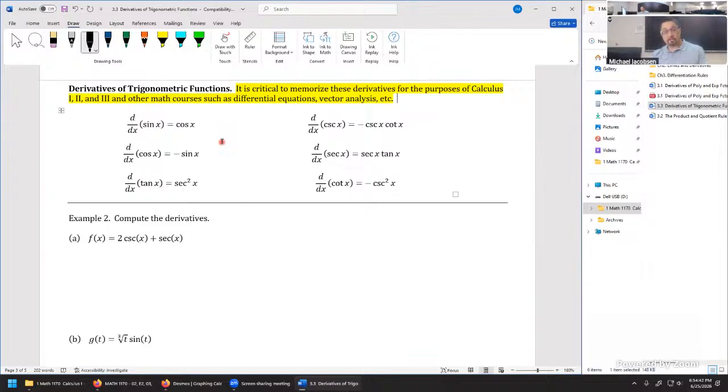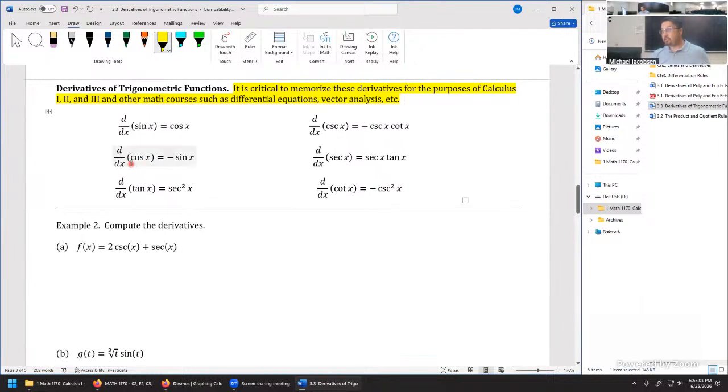Because they're so important, here's a decent strategy to think about how to memorize these. There's some decent patterns here you can take a look into to help your mind absorb the information. I would start by taking a look at what happens when you differentiate a co-function. For example, if you differentiate cosine, you get a negative sign that comes up.